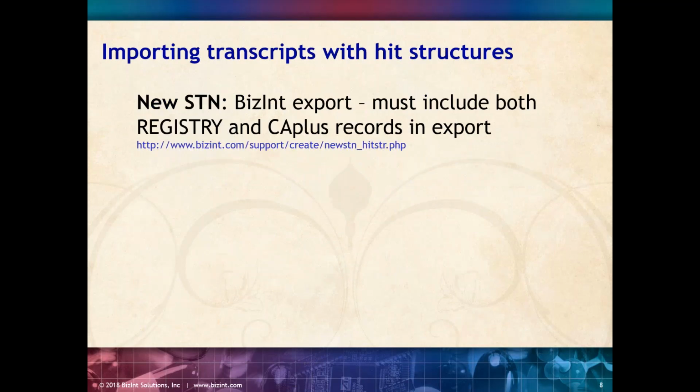So importing a transcript is actually fairly straightforward for most of the platforms. New STN is the most difficult. When you do a structure search on new STN, it's very important that you keep both the registry and CA+ references together in your exported XML.